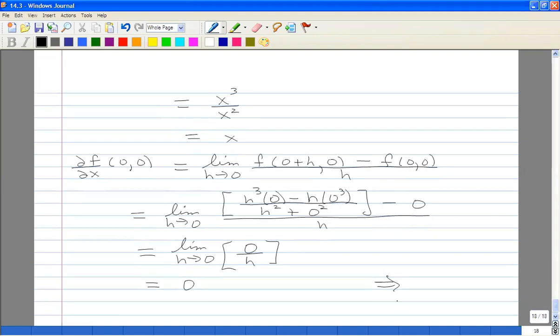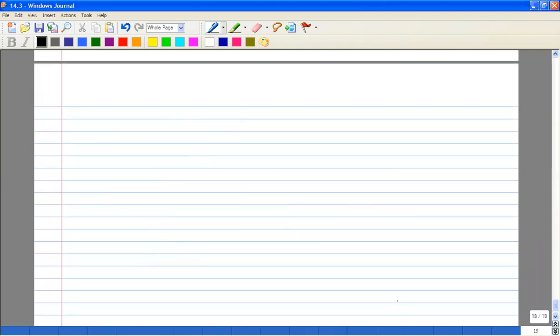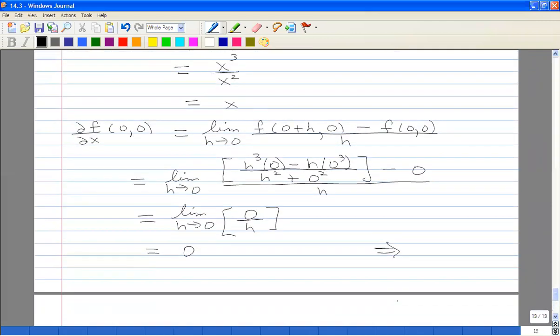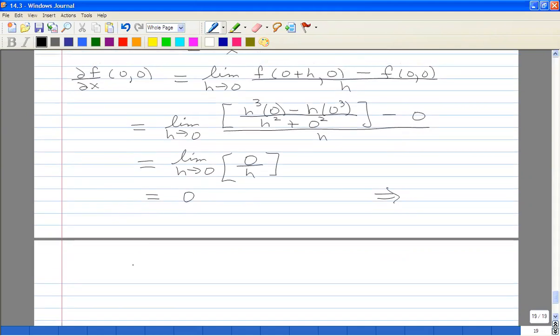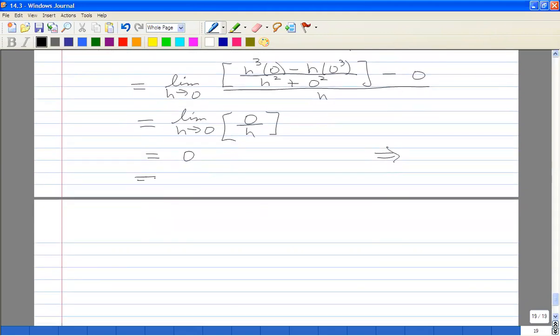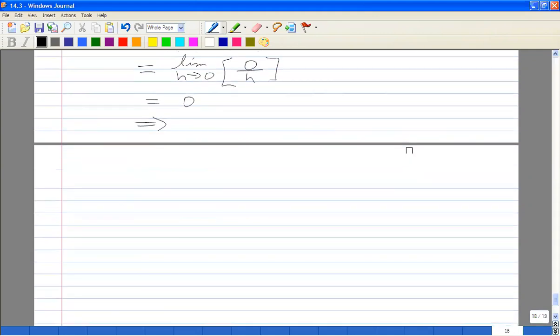And so even when x is 0, this still has the same form. And so the partial of f with respect to x, no, with respect to y.